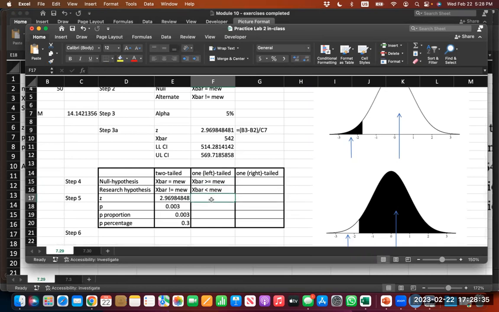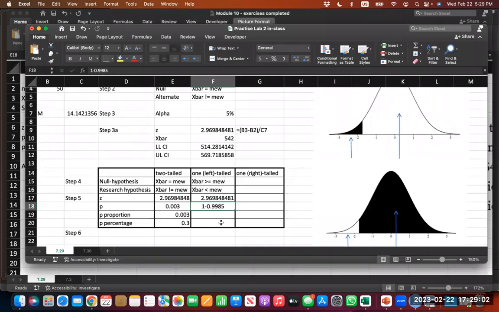If I want to calculate a SAT, the calculation is identical. Calculation is the same, so we're taking the same SAT. The difference now is that our P is not multiplied by 2. But it's basically 1 minus, what was it, 0.9985.